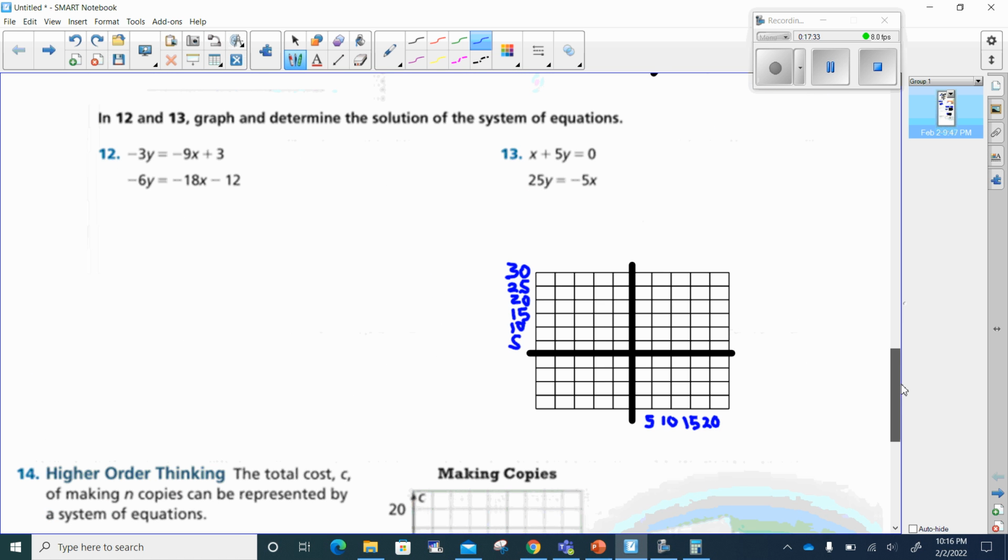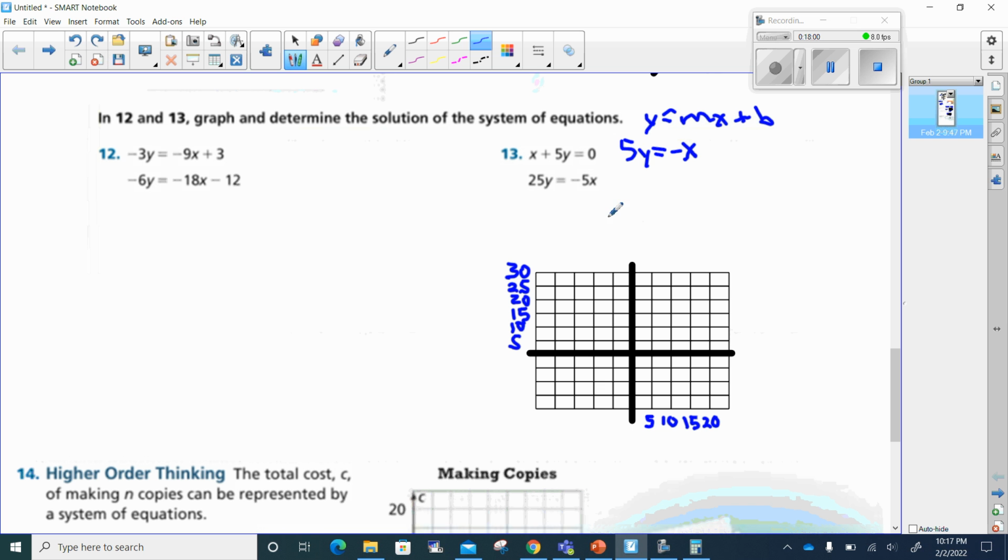Yeah. So in this one here, I've got to regroup and make this into y equals mx plus b. When I do this, I'll have 5y equals negative x.